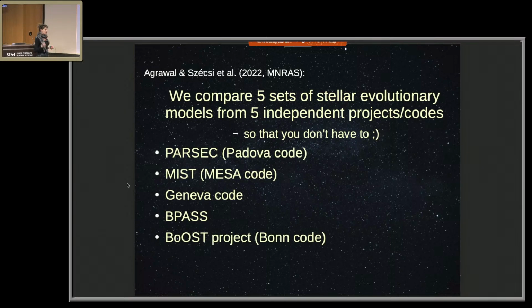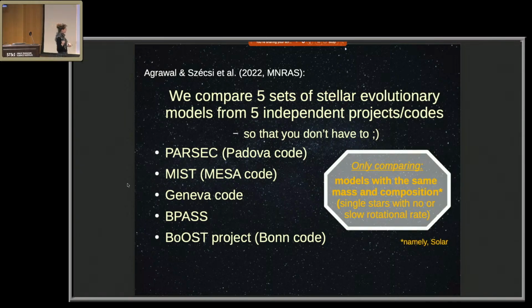So yeah, we simulated you, and we looked up all these 5 existing libraries: the Padova code, so-called PARSEC, the MIST project, which is a MESA-based project, the Geneva models, the BPASS models, and the Bonn code, basically the BOOST project, which is my own project. So we basically downloaded these 5 model sets and compared them.